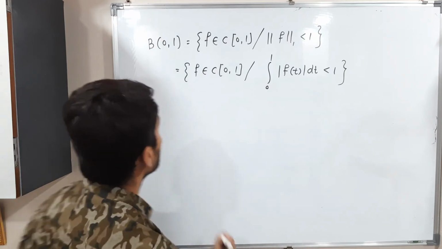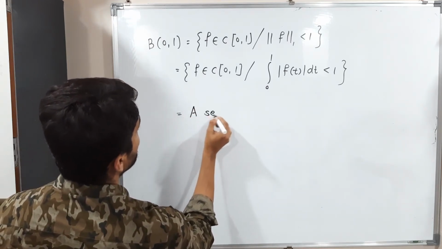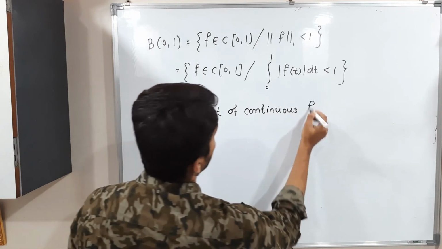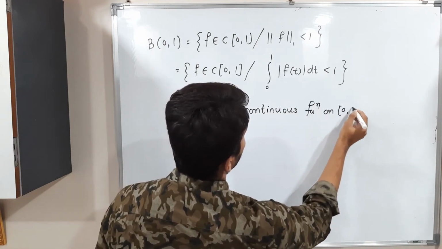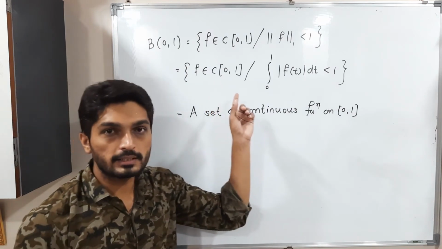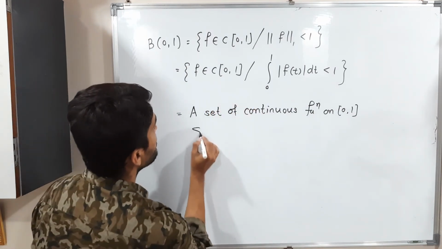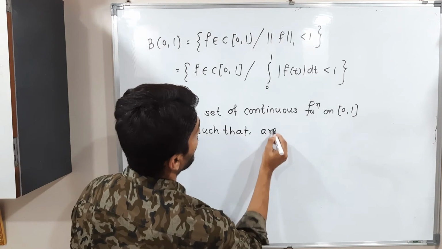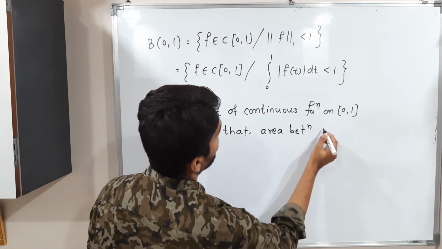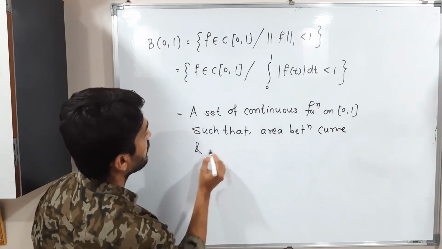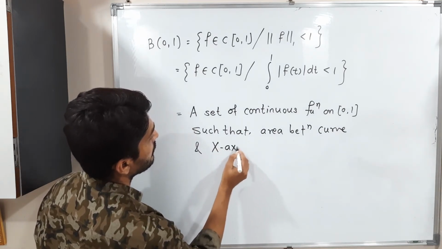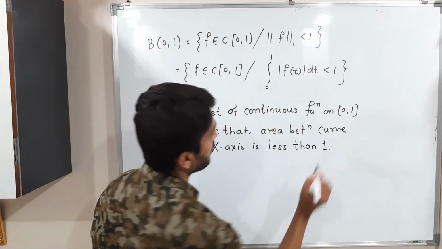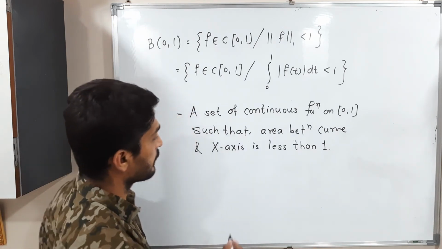So this is a set of continuous functions on closed interval 0 1 such that the area between the curve and x-axis is less than 1. When I draw the diagram, you can easily understand what I'm trying to say.